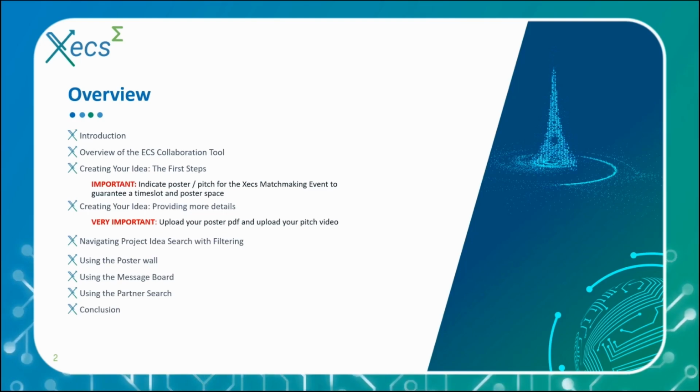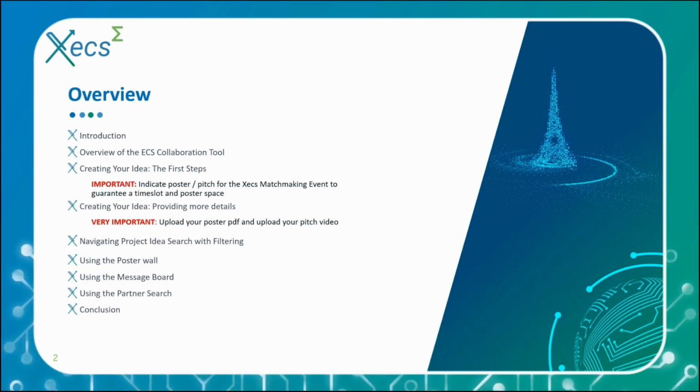Then in the second step of your project idea, you provide more details about your project. In this step, you can upload your poster in PDF and your presentation as well, either in PowerPoint or in PDF.